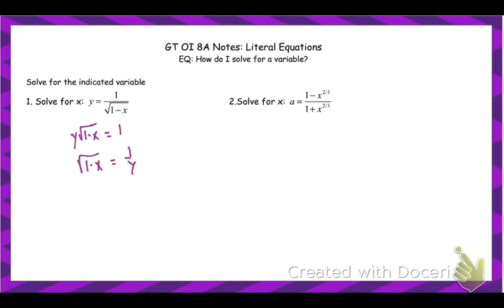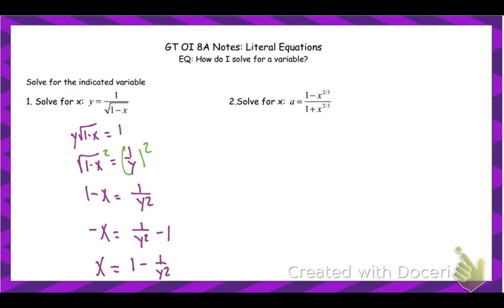I can square both sides, so I can get rid of that square root. Then I can subtract 1. And then divide everything by negative 1. So I get that x equals 1 minus 1 over y squared.